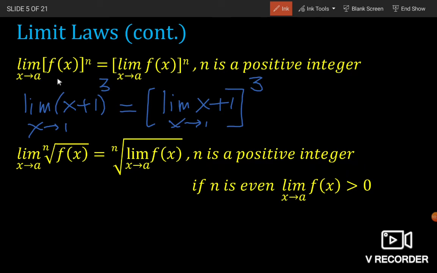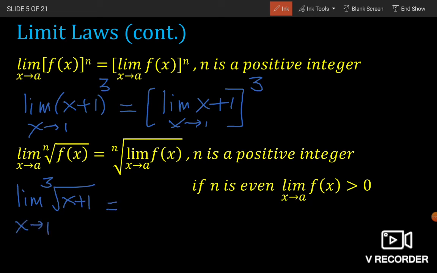Next, similar to this limit law, is the limit law wherein the limit of the nth root of f of x is equal to the nth root of the limit of the same function as x approaches a. So in this case, let's say we have the limit of the cube root of x plus 1, for example, as x approaches 1.